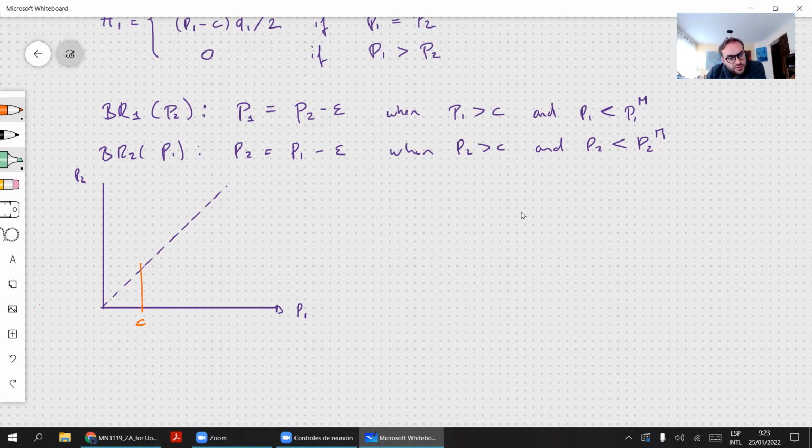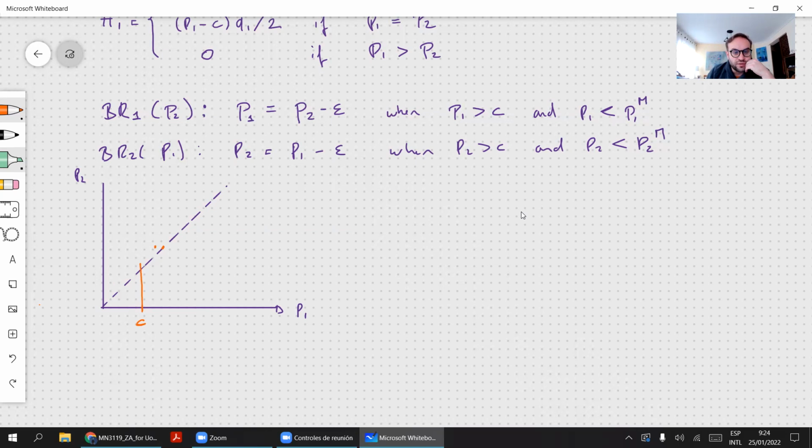So if I am on the line, the prices are exactly the same. And if I shift a little bit to the left, then I have that P1 is less than P2, right? If I take it to the extreme, P1 is 0 and P2 is not 0. So it's sufficient to be a little bit to the left so that P1 is smaller than P2.